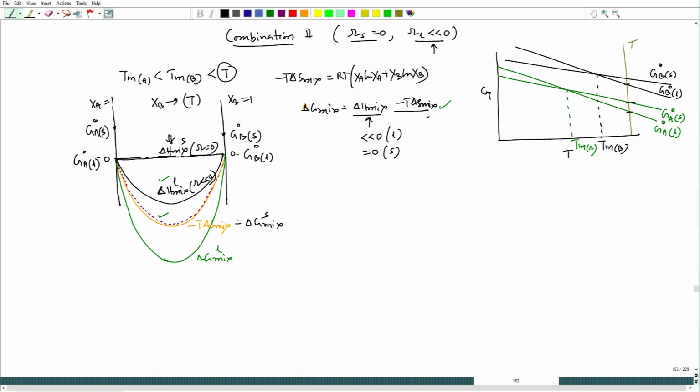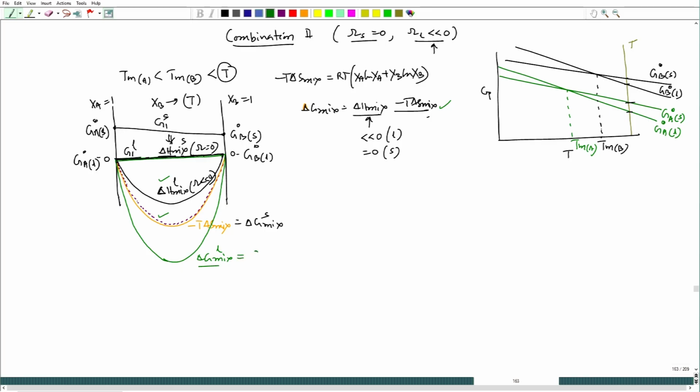Now, if I look at the G1 line, the G1 line for solid is actually this one, and the G1 line for liquid is this one. So, I can do it with the green color. Okay. This is G1 for liquid. Now, G2 for liquid would be the same as this one.